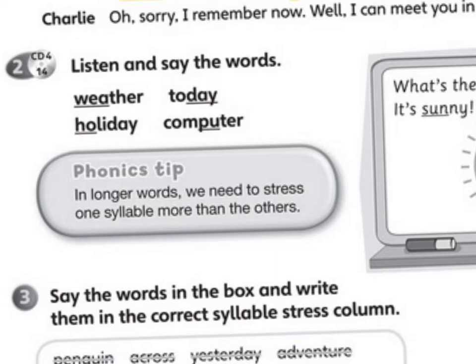Weather, today, they are short words, but on the other hand, holiday, computer, they are longer words. The words that we stress are holiday, computer. So we're paying attention to the stress. What is the stress? The emphatic sound of a word.